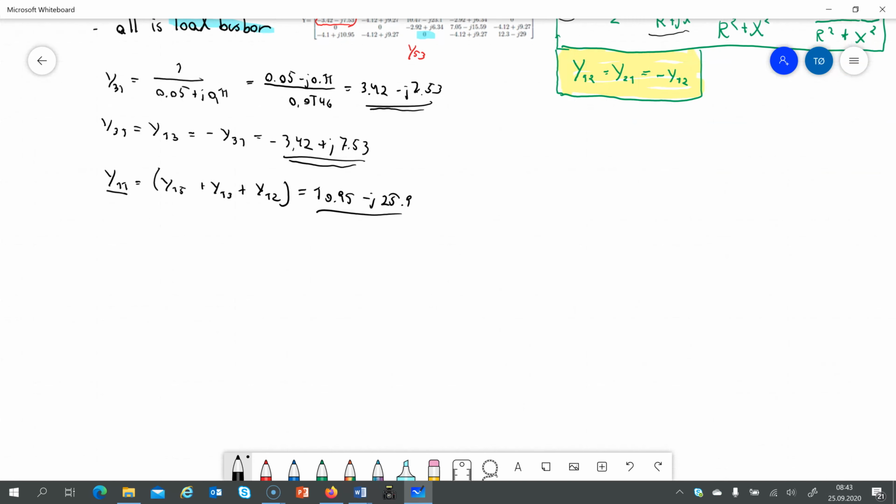Now calculate Y33. That was actually the task. It will be Y31 plus Y32 plus Y34, connected to busbar 3. That will be 10.47 minus j.